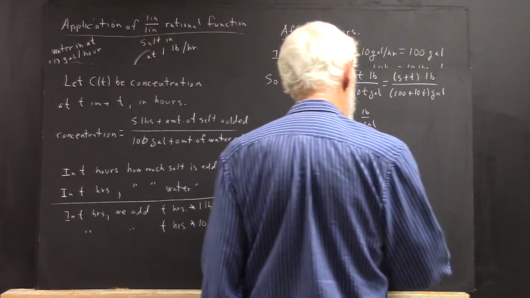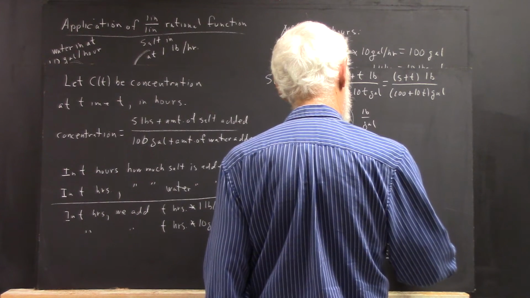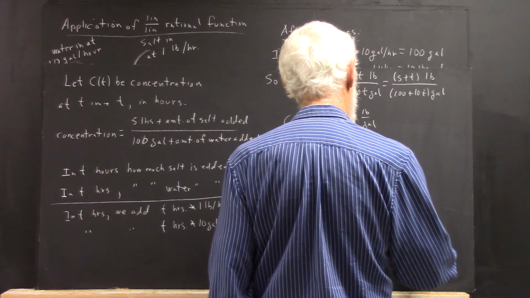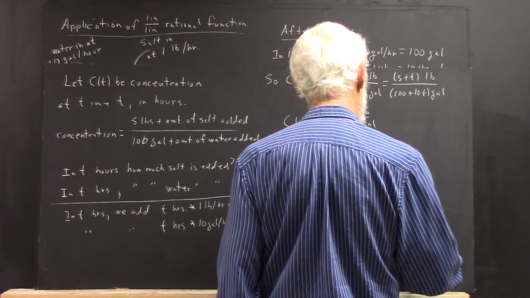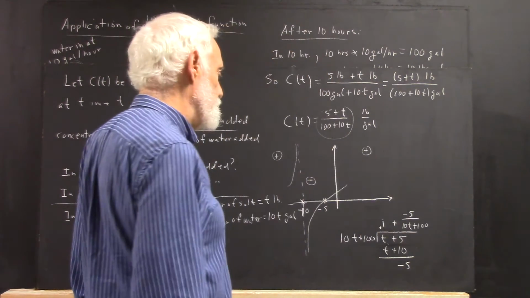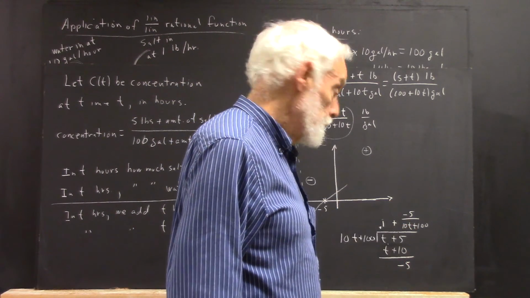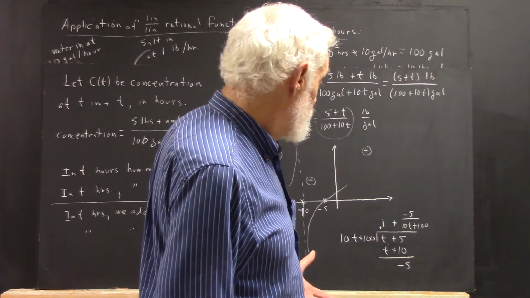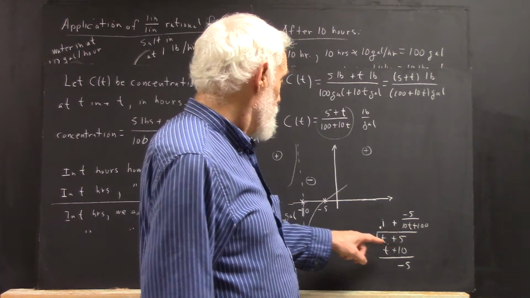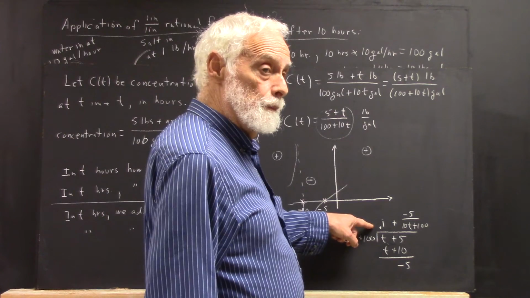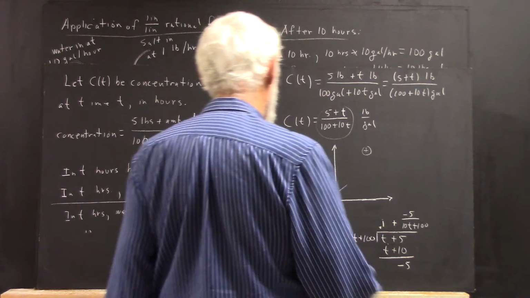For the remainder, we're going to get plus 1 plus -5 over 10t plus 100. Now the -5 over 10t plus 100 is going to approach 0 when t gets large, and the 0.1 is going to be left for large t. So we could graph 0.1.